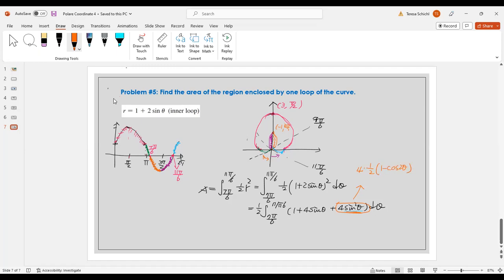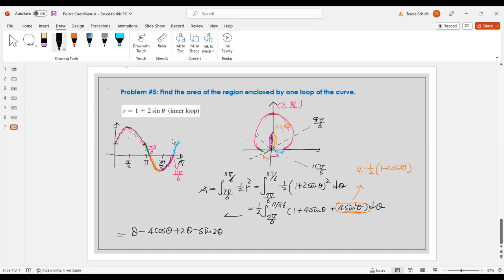Now we changed everything into a form I'm able to integrate. After I integrate, the answer will be θ − 4 cos θ + 2θ − sin 2θ.